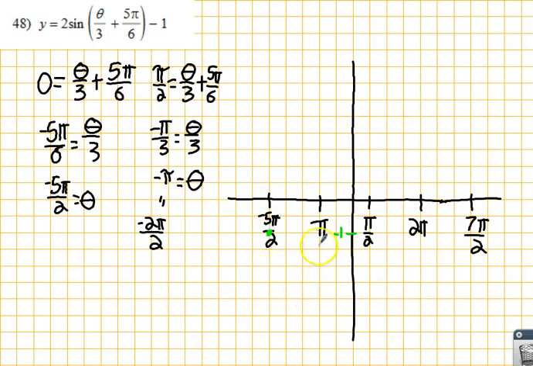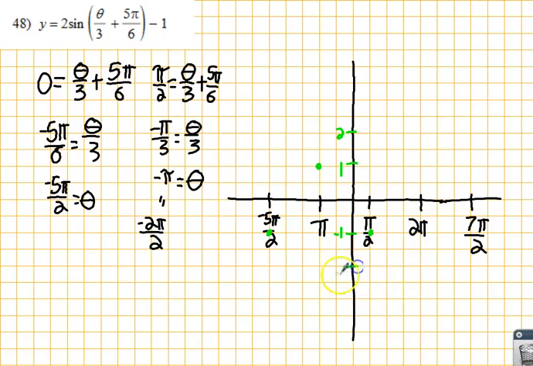Bam. Over here, I used to be at 1. Multiply it by 2, get 2. Subtract 1. Boom. This isn't a point at 0 now. Be very careful of that. Back down here, because I was at 0, 0 times 2, minus 1. Down here, I was at negative 1.